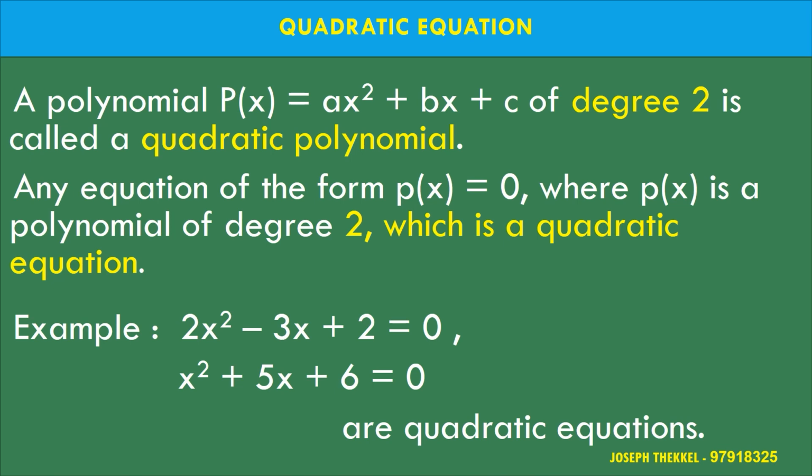Any equation of the form p(x) = 0, where p(x) is a polynomial of degree 2, is a quadratic equation. Example, 2x² − 3x + 2 = 0 and x² + 5x + 6 = 0 are quadratic equations.